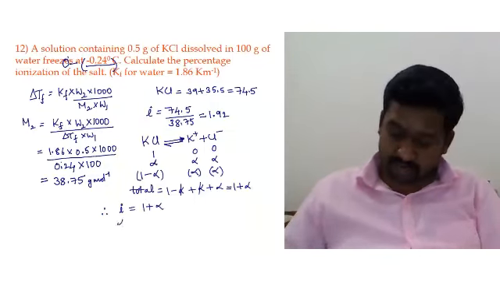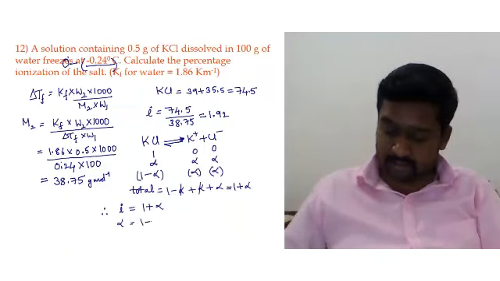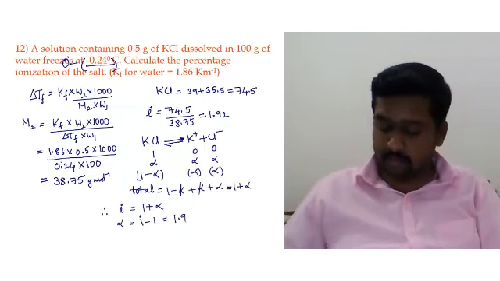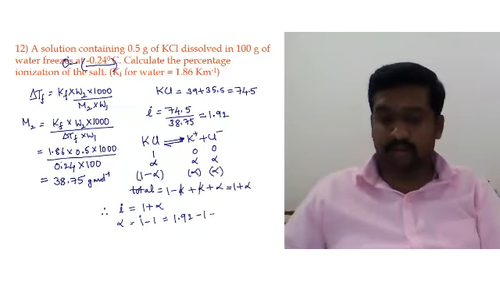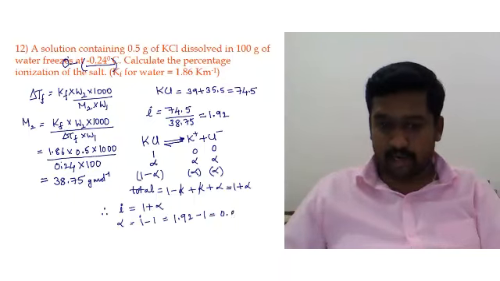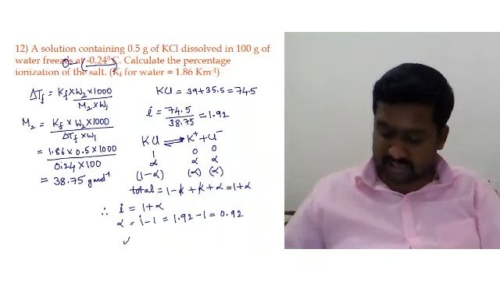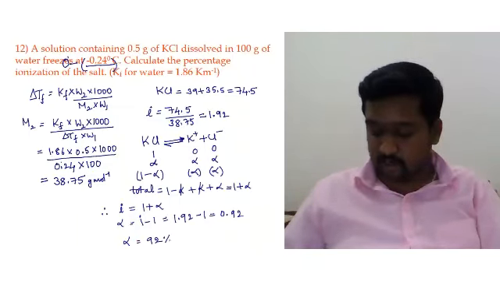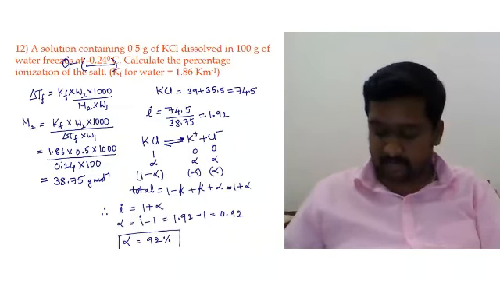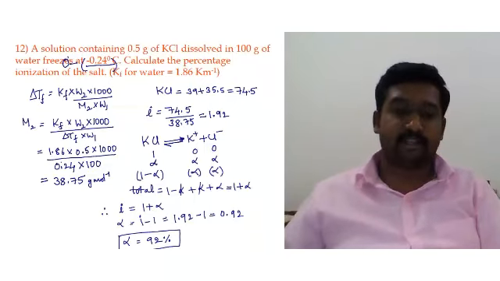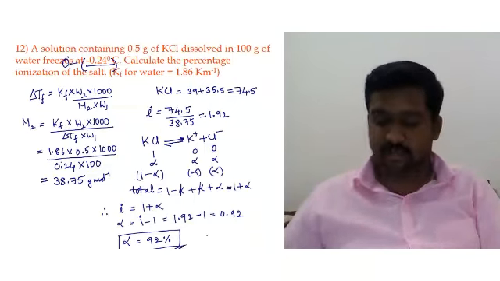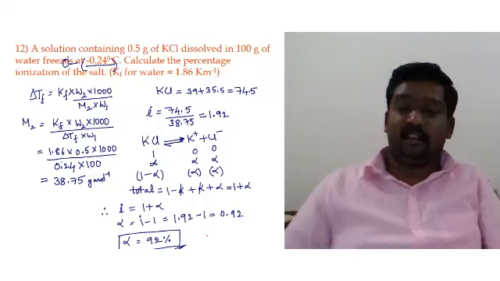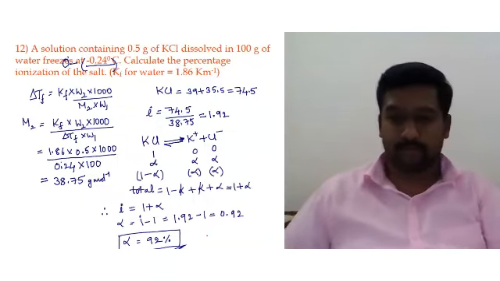So what is alpha? i minus 1, which is 1.92 minus 1, and I am getting the answer 0.92. If I express alpha in percentage, the answer becomes 92%, multiplied by 100. So 92% is the percentage dissociation of KCl in water according to this problem.